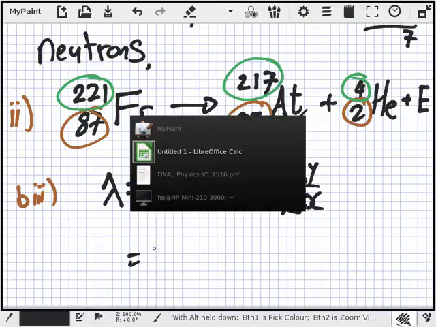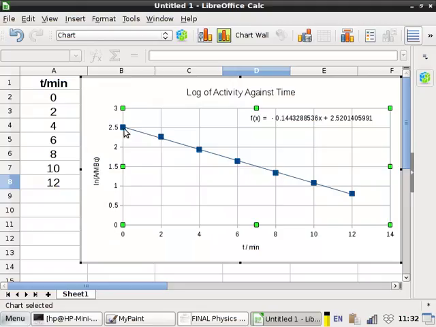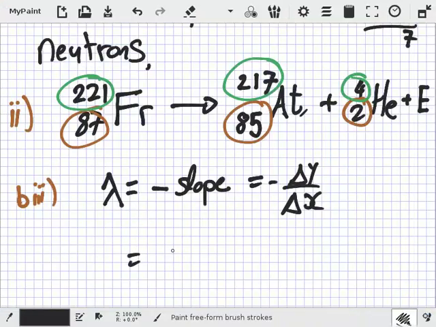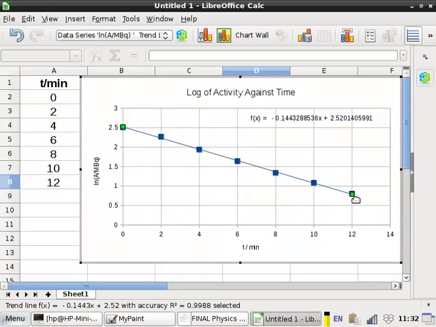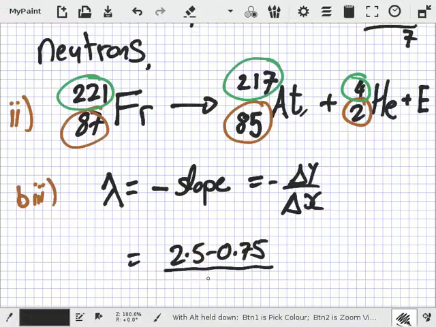So if I look at my graph, if I take this point, it's 2.5 down to 0.75. So it's 2.5 minus 0.75 over 12. I've knocked out both minuses because I know my lambda is positive. So that's 1.75 over 12, is it?